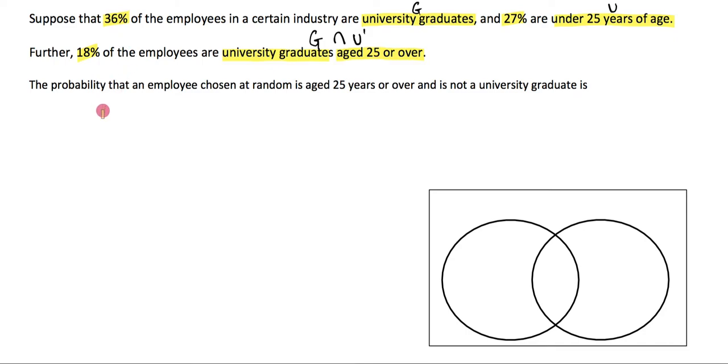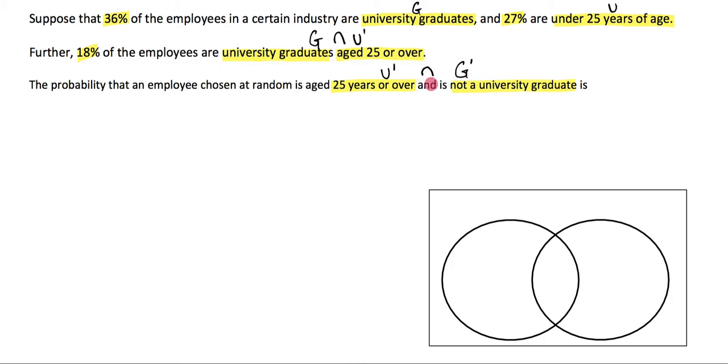Now, let's keep reading. The probability that an employee chosen at random is aged 25 years or over and is not a university graduate is, so what we're trying to find is the intersection of 25 years or over, so that's going to be U dash, and not a university graduate, so that's going to be G dash.